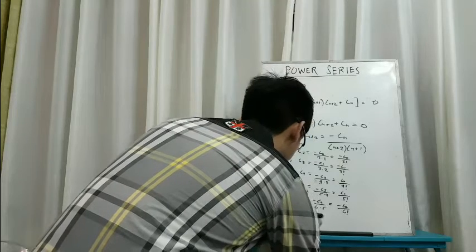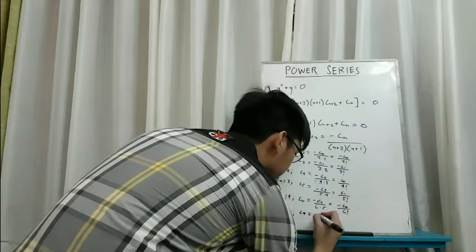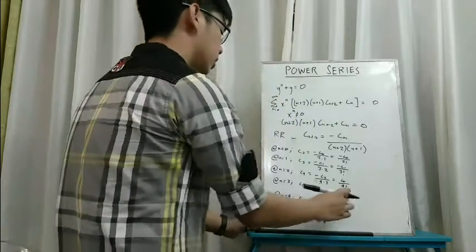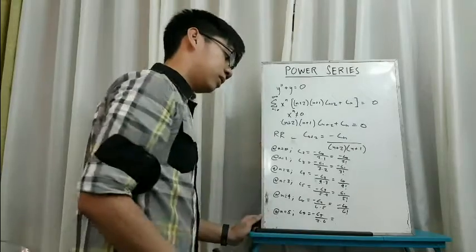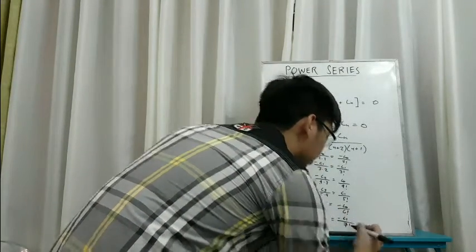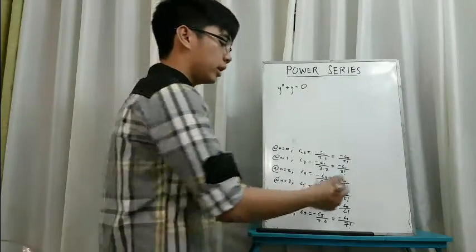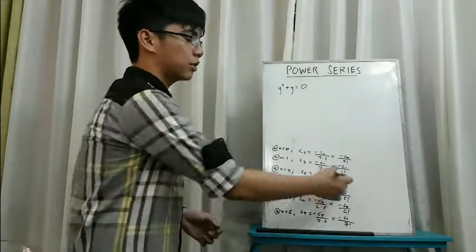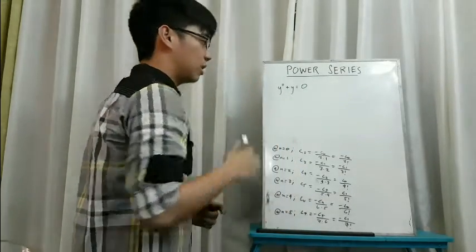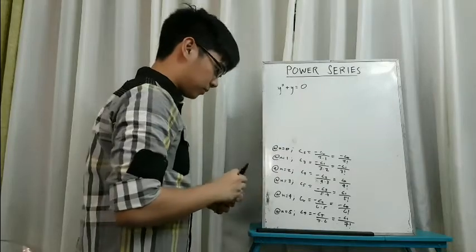At n is equal to 5, C7 is equal to negative C5 all over 7 times 6, and plugging this in would give us negative C1 over 7 factorial. Our next step is to get the formula for this to evaluate its power series.